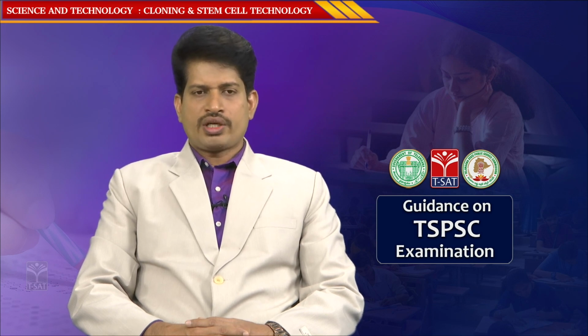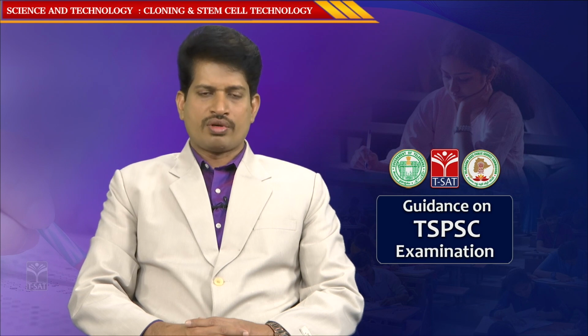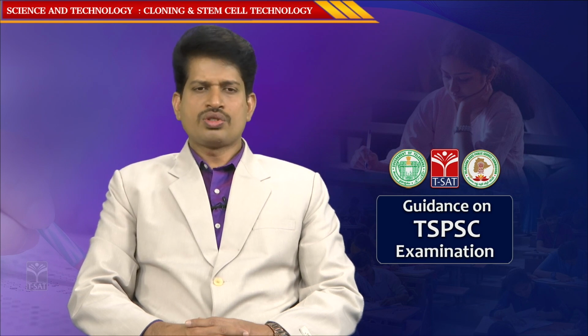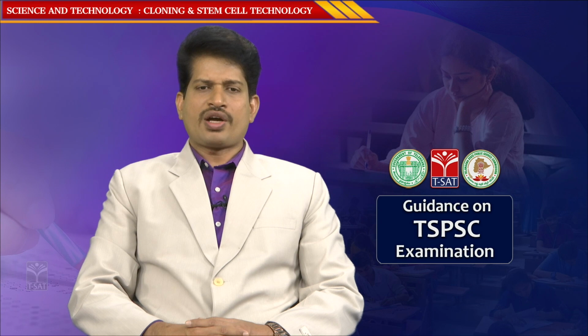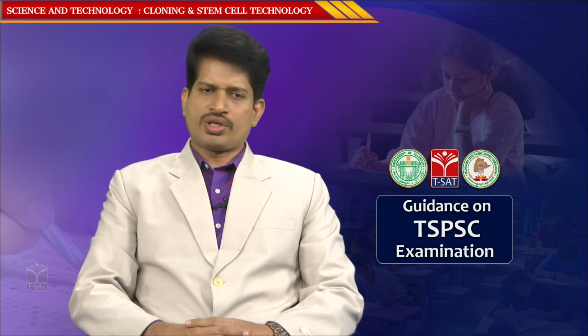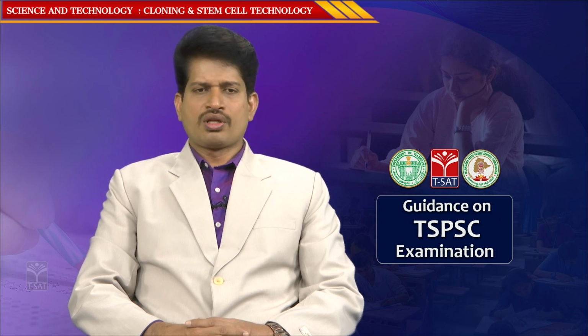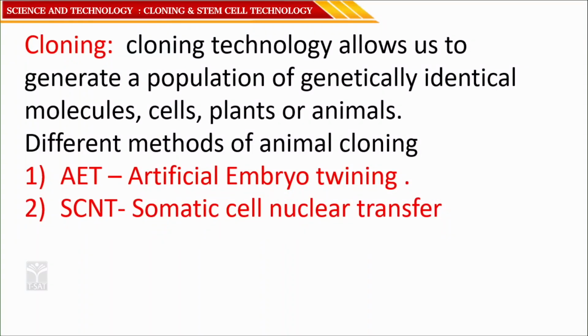These are the two techniques used in cloning. One is artificial embryo twinning. The second is somatic cell nuclear transfer. As you know, the first known animal to be cloned is Dolly, a sheep.